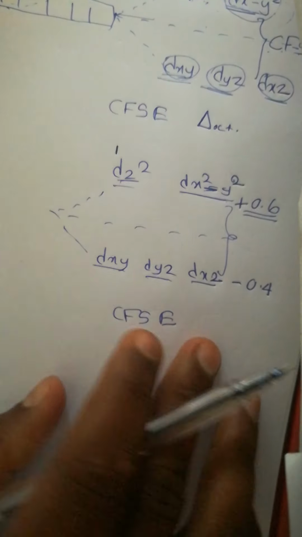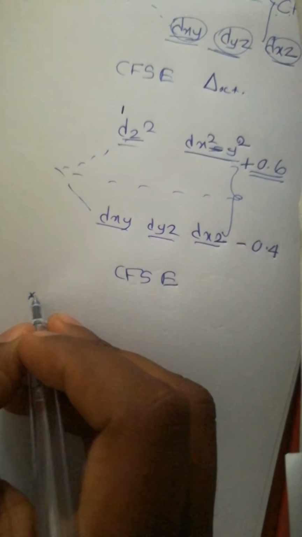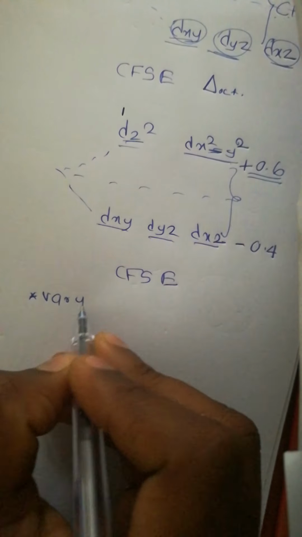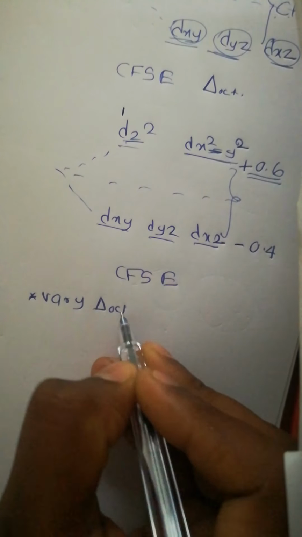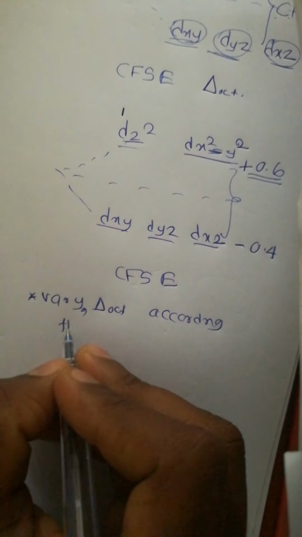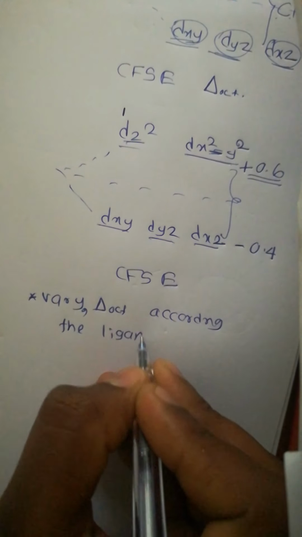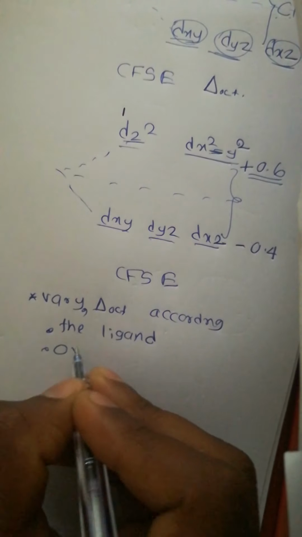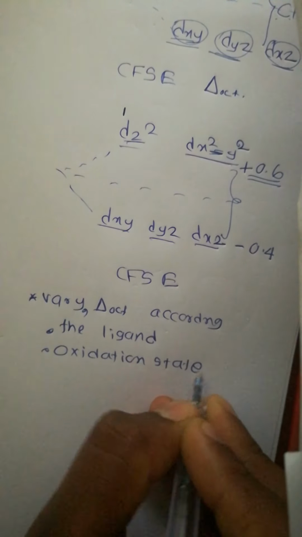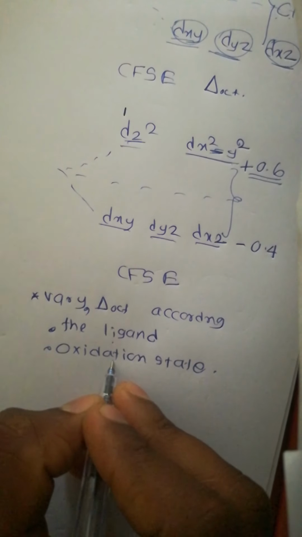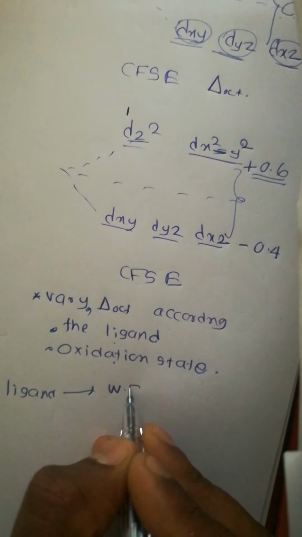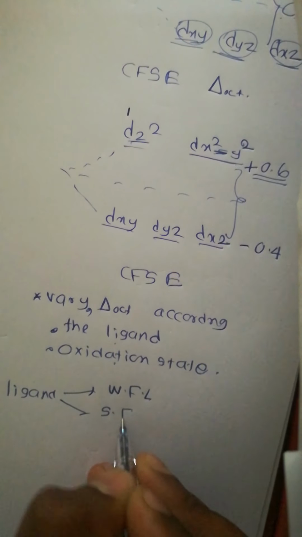This energy gap, delta, varies according to the ligand and the oxidation state, because we know there are two types of ligands: weak field ligands and strong field ligands.